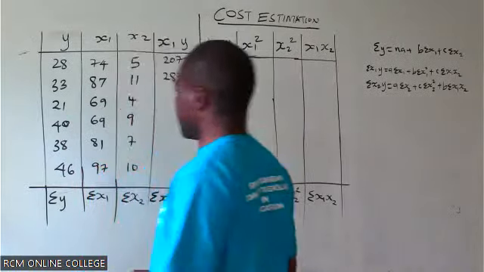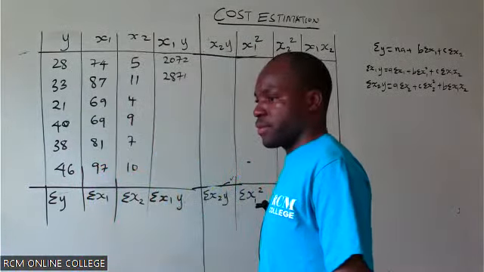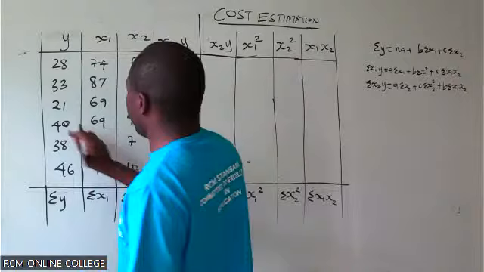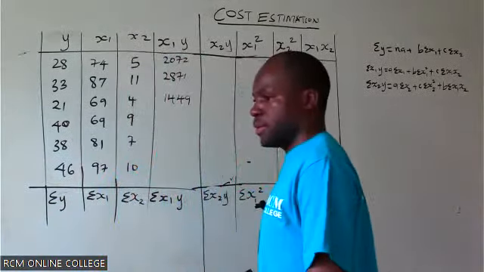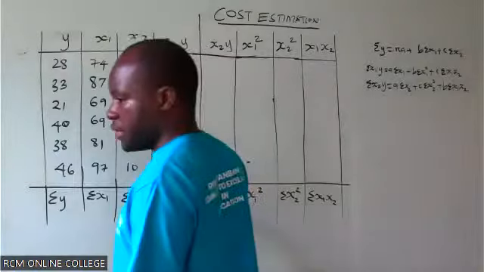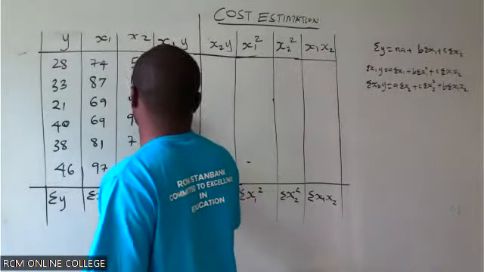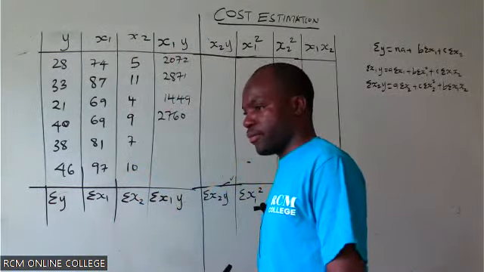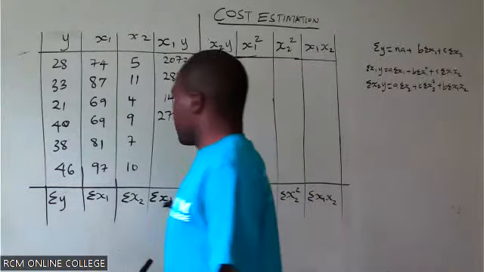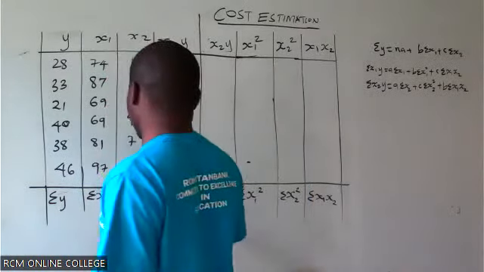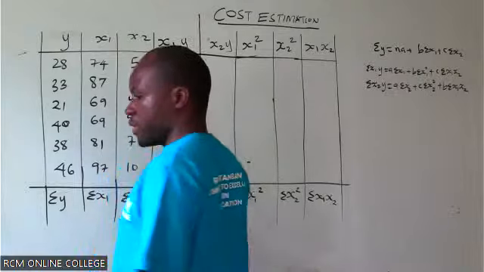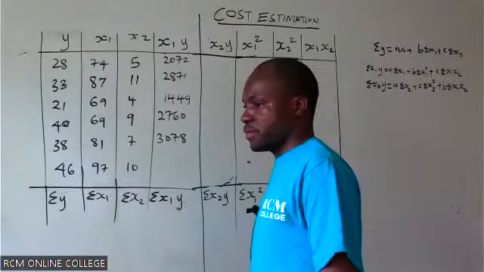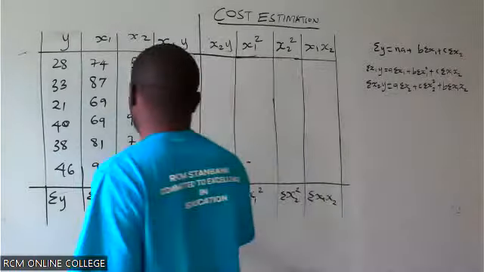How about 21 by 69? 1449. Then 40 by 69. What do we have? 2760. Then 38 by 81. Then 46 by 97. 4462.